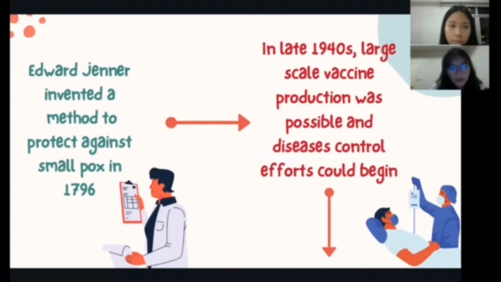This was called arm-to-arm inoculation. However, by the late 1940s, scientific knowledge had developed enough so that large-scale vaccine production was possible and disease control efforts could begin in earnest.